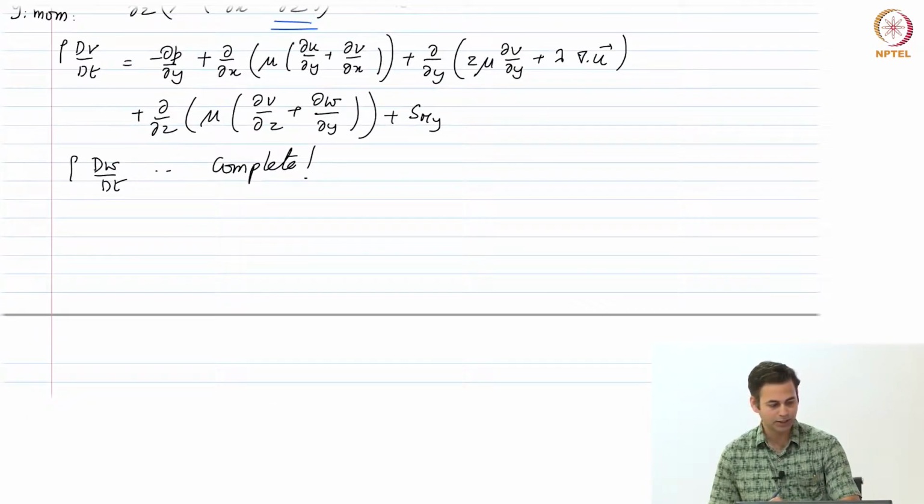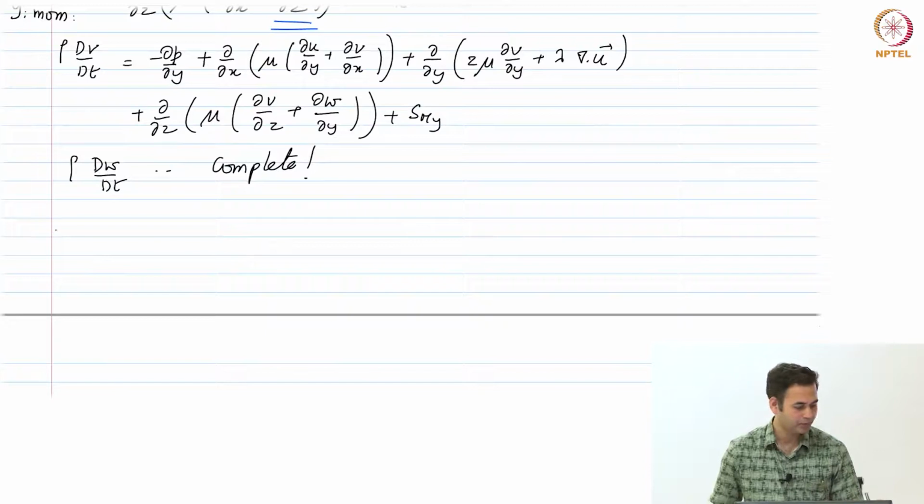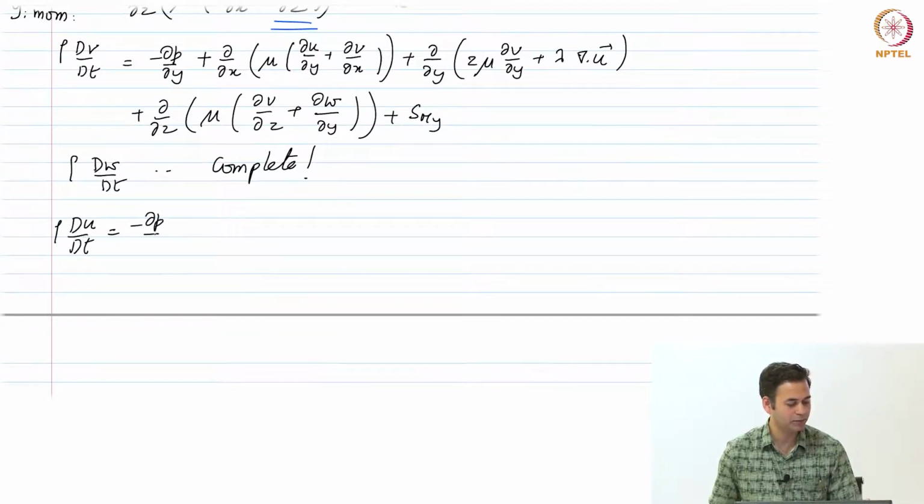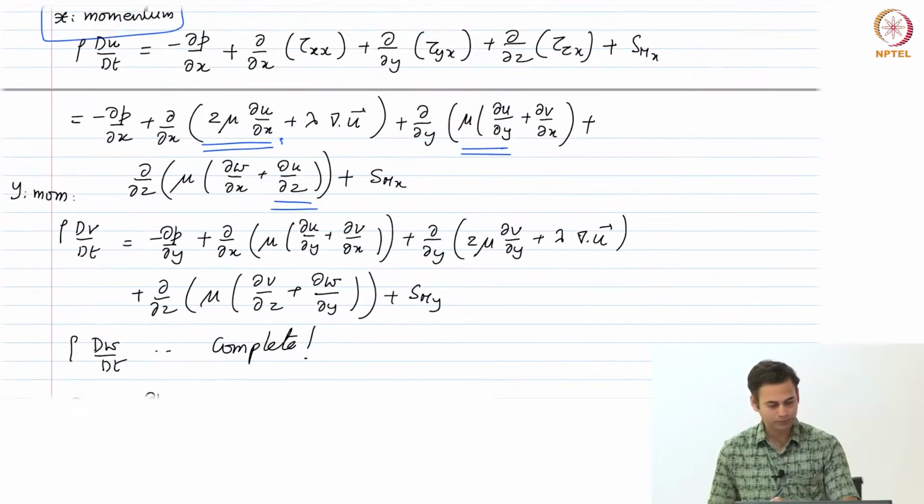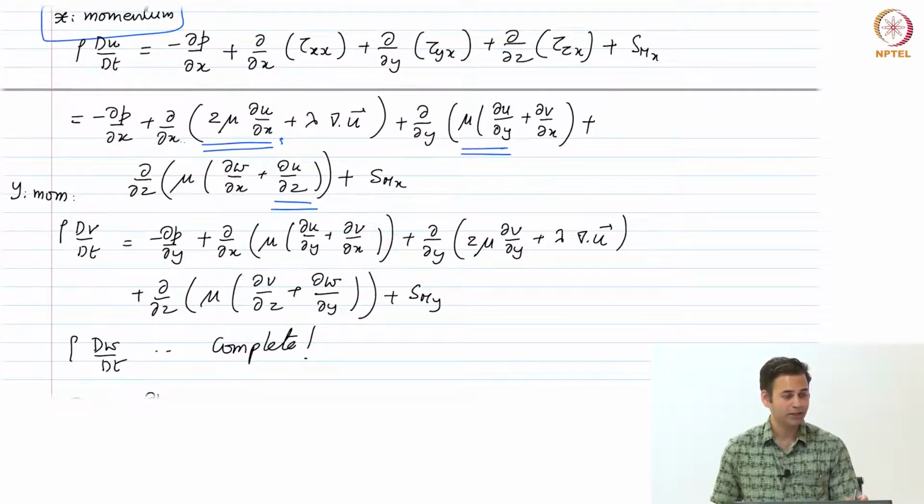So, this is basically ρ du/dt equals minus ∂p/∂x plus, so I am writing down ∂/∂x of (μ ∂u/∂x), and then ∂/∂y of (μ ∂u/∂y) and ∂/∂z of (μ ∂u/∂z).